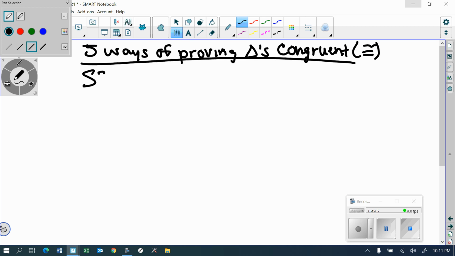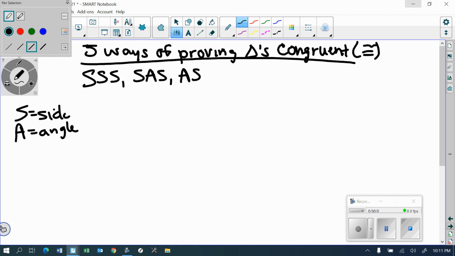SSS stands for side. Anytime it's an S, that equals side. Anytime you see the capital A, that represents angle. So that means side, side, side; side, angle, side; angle, side, angle; angle, angle, side; and HL theorem, which stands for hypotenuse leg.